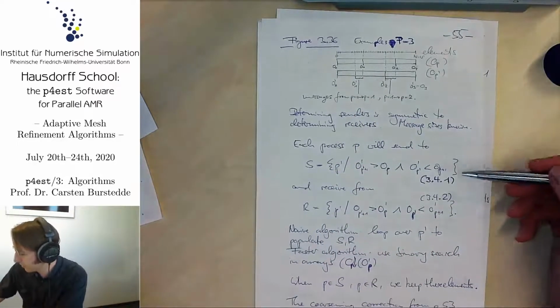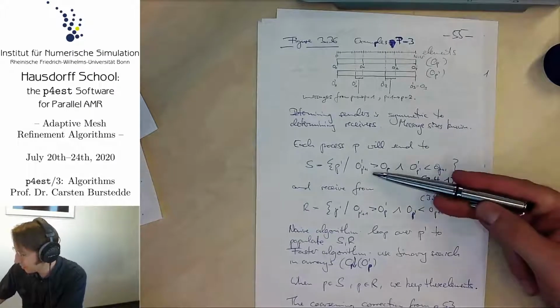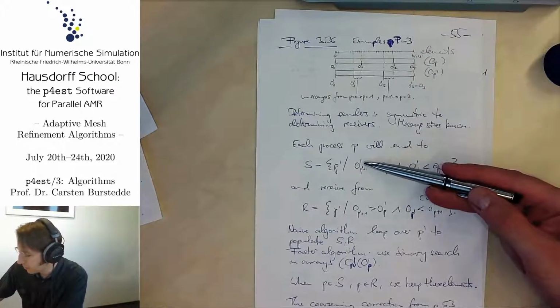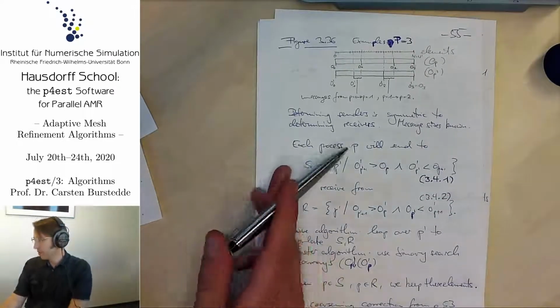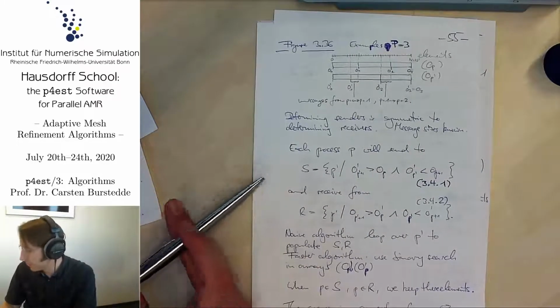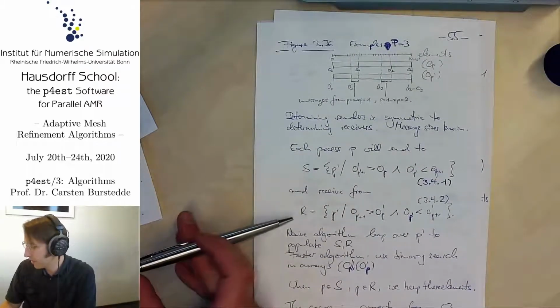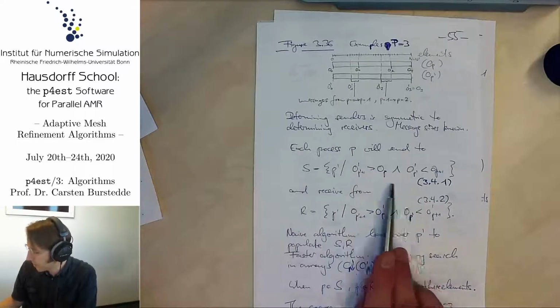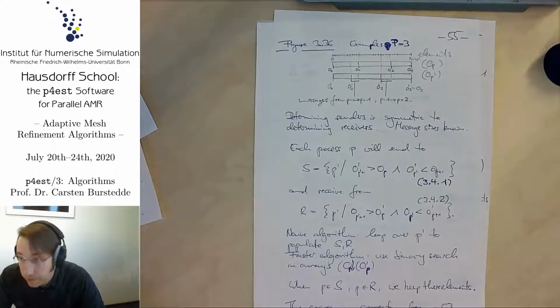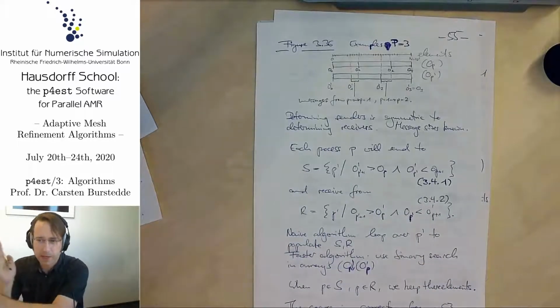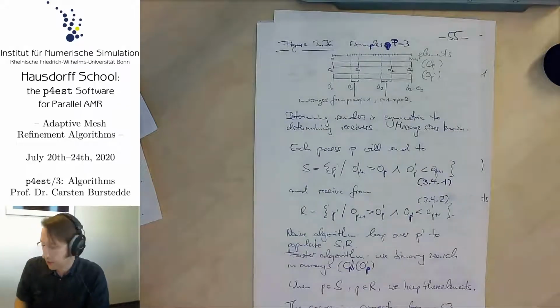So you can encode this very, very simply here, just having the old O and the new O prime. Each process, little p, will very easily compute the set of sender processes and a set of receiver processes by just figuring out this comparison condition wherever the windows match, right?